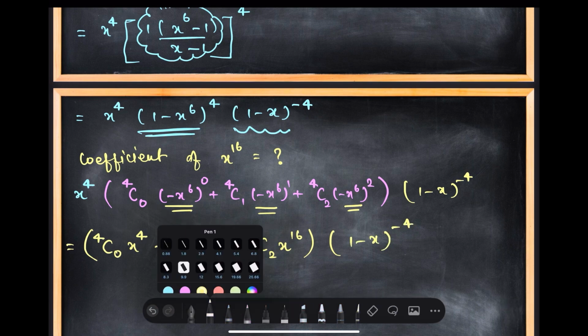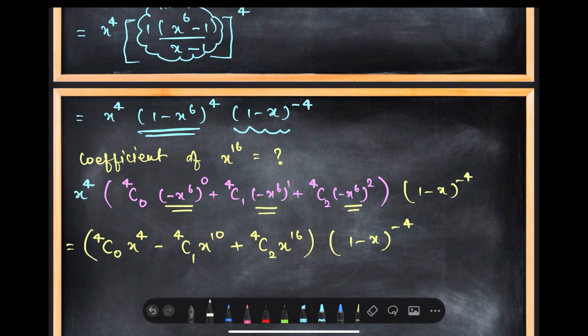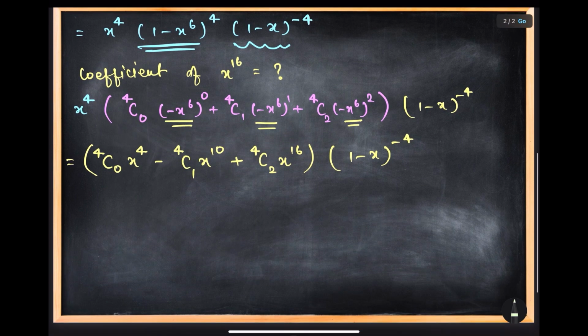Now look at this. You know what we have to find. The required number: suppose that this is team A. We want the coefficient of x power 16.